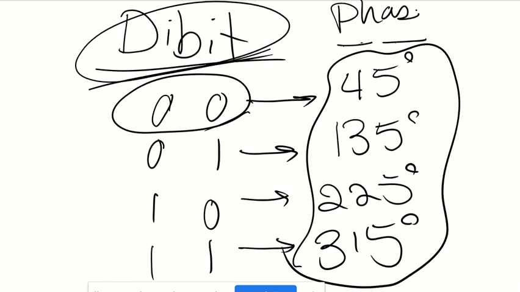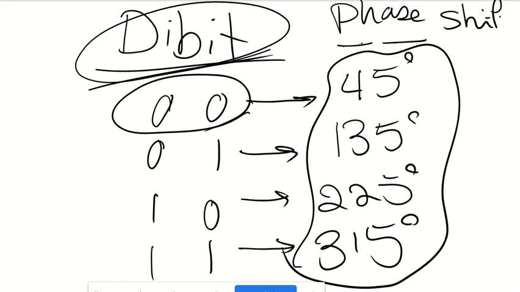So you have it here that instead of assigning one phase shift to one bit, I'm assigning phase shift to 2 bits. So I'm sending more information, which is pretty smart, right? I can even increase the number of bits and then send more information.